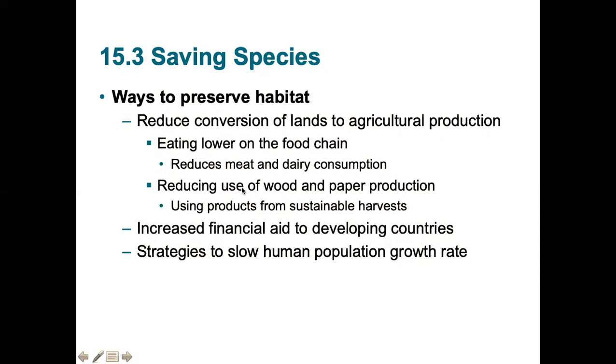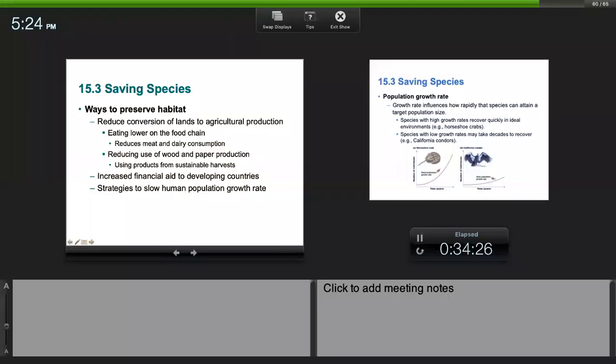We got to stop using paper and wood products. If we do, they got to be from sustainably harvested sources. Really, honestly, the financial aid to developing countries, and also paying attention to our government and our governmental policies, because businesses don't care about biodiversity. They care about dollars.